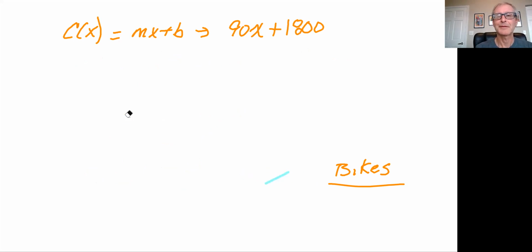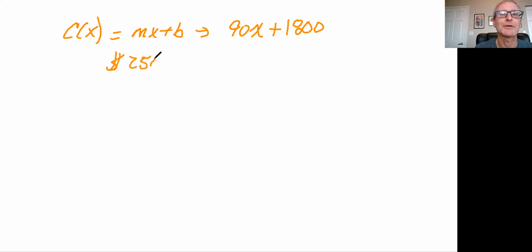And you have to pick a price. That's usually a very challenging concept, pricing. I'm not going to get into it in this lecture, but I'd love to talk about it if anybody's interested. But say you decide to sell each bike at $250.